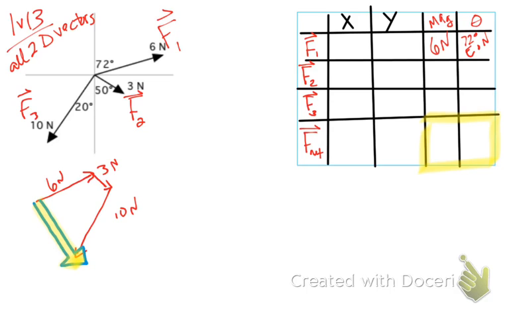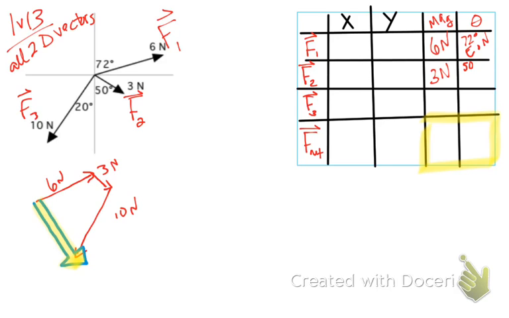The 3 newton one, the F2, that is 50 degrees. And if we look at it, it makes the angle with the south axis, and it goes east from that south axis. So it is east of south.